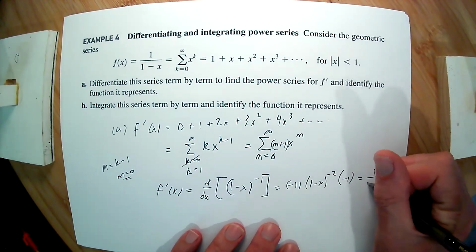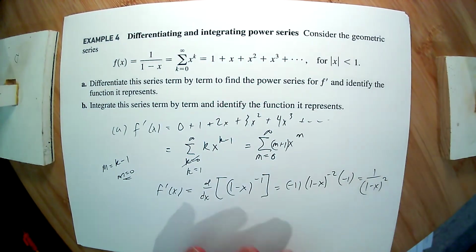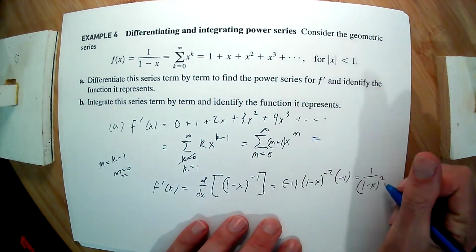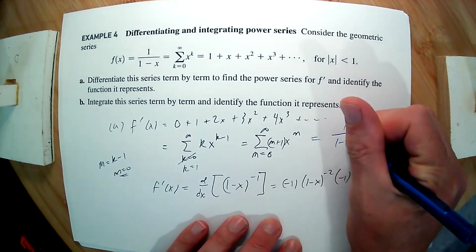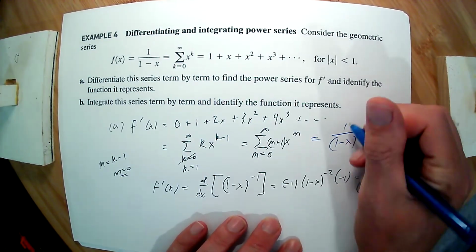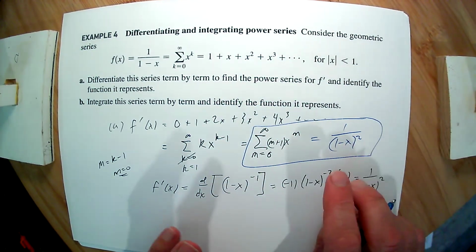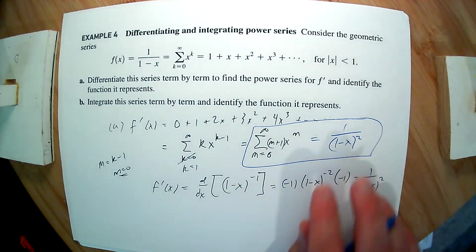So it's 1 over 1 minus x quantity squared. So it turns out that what we just did was figure out a power series expansion for 1 over 1 minus x quantity squared, without having to use anything special and new, okay?